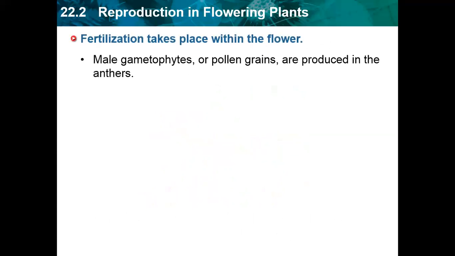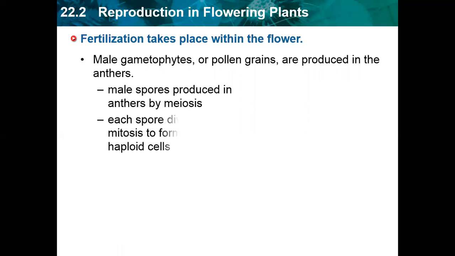We have the male gametophytes, or the pollen grains, being produced in the anther, which I said to you before. The male spores are produced in the anther by meiosis.